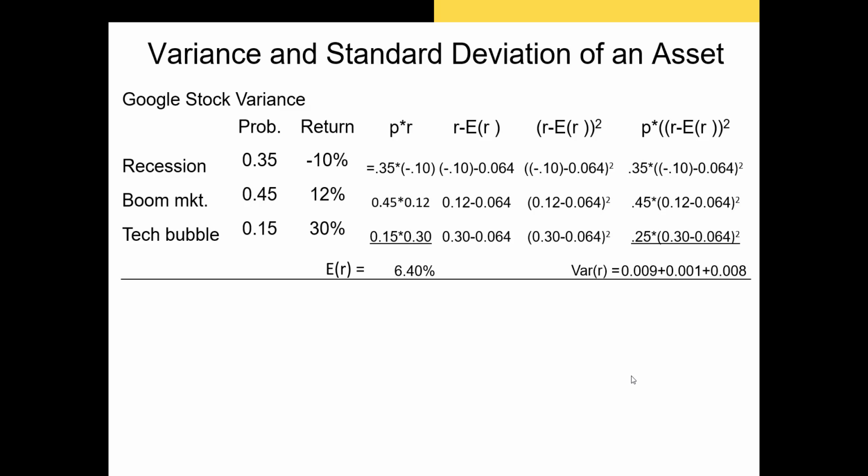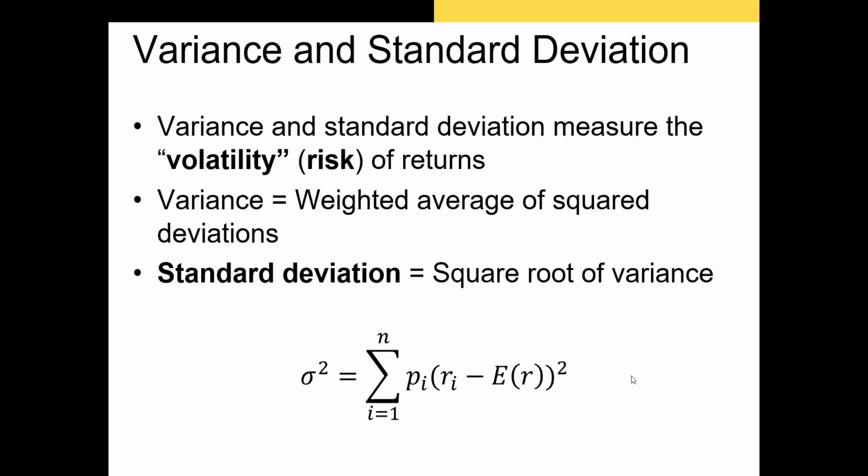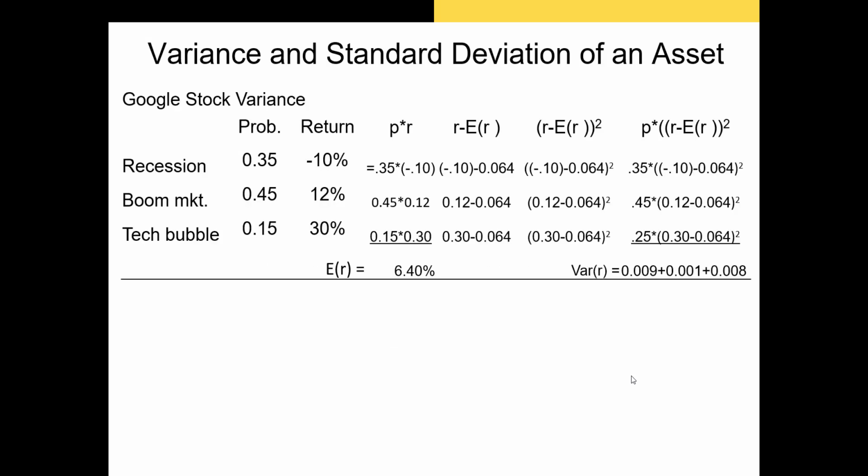And note here that this formula that I just introduced is actually our variance formula. The way we get to standard deviation is simply by taking the square root of our end result, that sigma squared that you see. So what we're looking at here is the variance formula, and the way we get to our standard deviation is just by taking the square root of that. But if we take a look at this example, you can actually see how we get our stock variance for a particular stock.